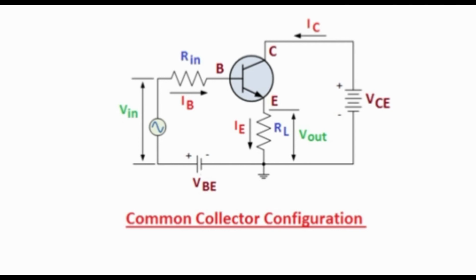The current gain of this transistor is very large because the load resistance is at the receiving end of both collector current and base current, making it suitable for amplification purposes. Hence, very little voltage gain around unity can help in producing very large current gain. The following figure shows the circuit diagram of common collector configuration.